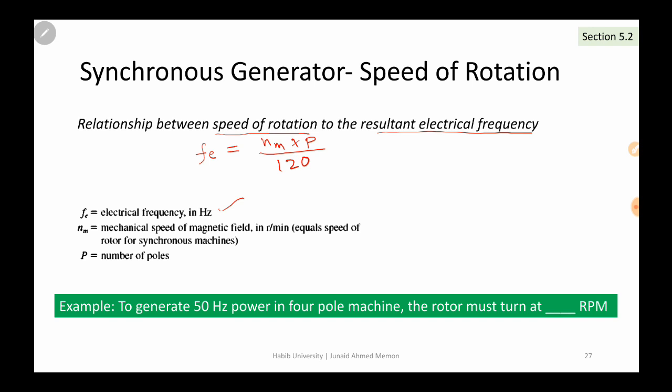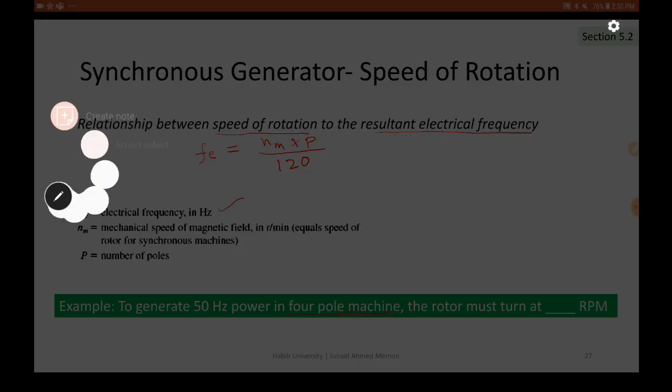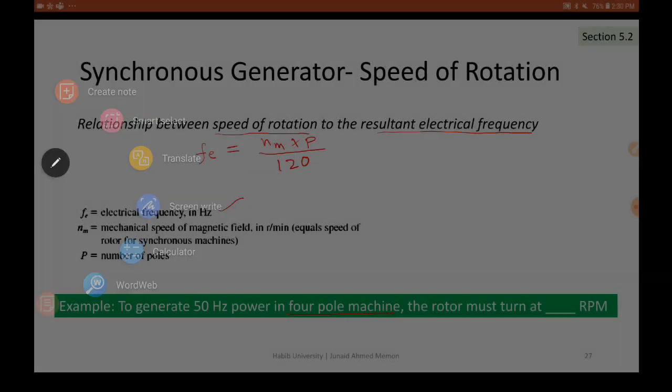So for example, we have a 4-pole synchronous machine and we want to generate 50 hertz frequency here. So what should be the rotating speed of our rotors in the synchronous generators? Let's calculate it.